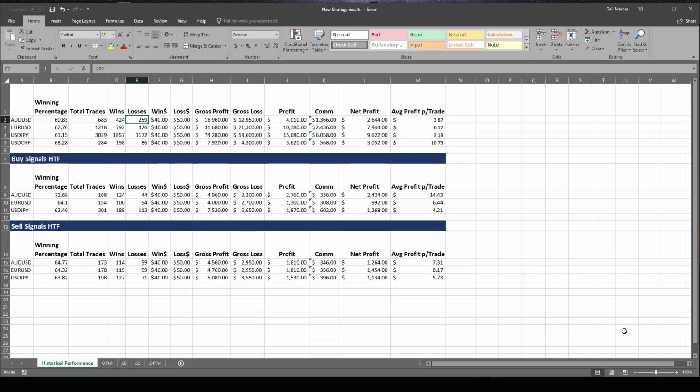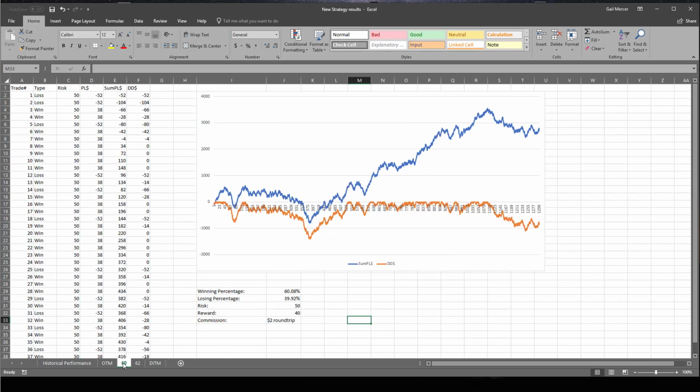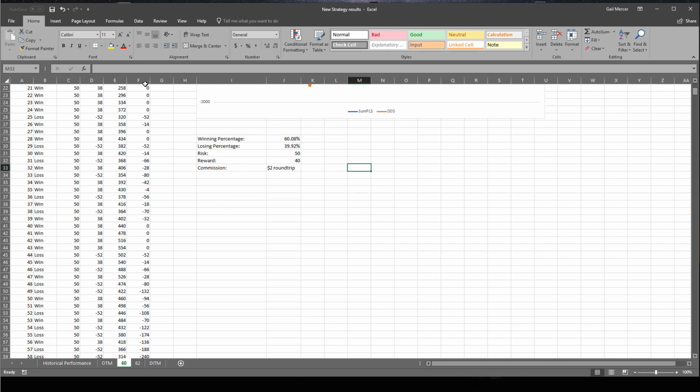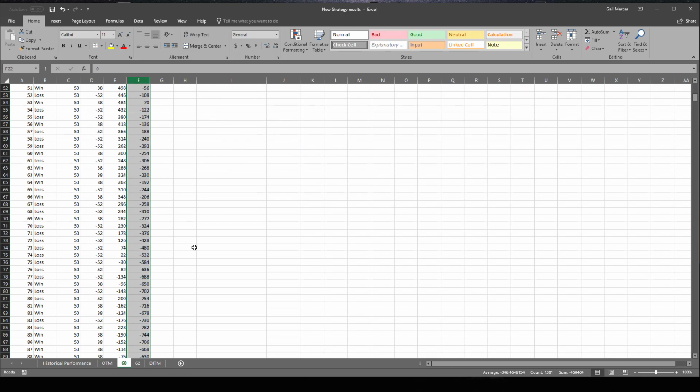Most traders, when they're trading binary options, are doing it with maybe a $1,000 account. Well, if you go back to, let's say, the 60%, since these are all 60%, and this is measuring the drawdown in column F, okay, your drawdown at this point is $782.